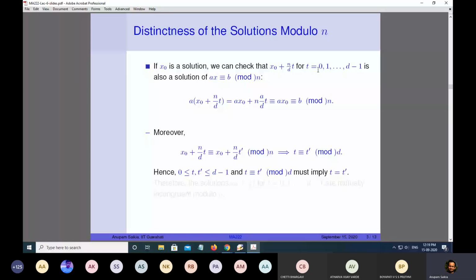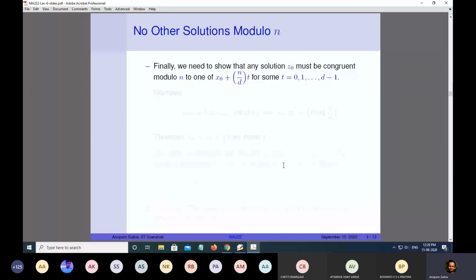Okay, so how do I do that? We need to show that if I take any solution z0, it has to be one of these. How do I do this? Because I know that both x0 and z0 are solutions of ax congruent to b. So that means ax0 is congruent to az0.